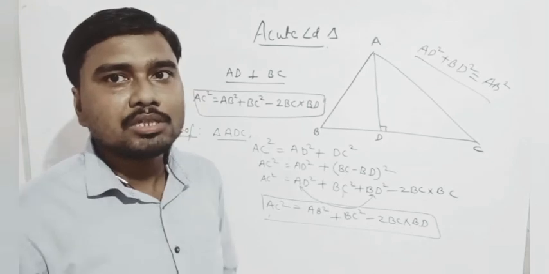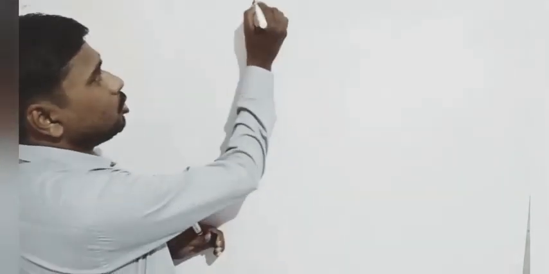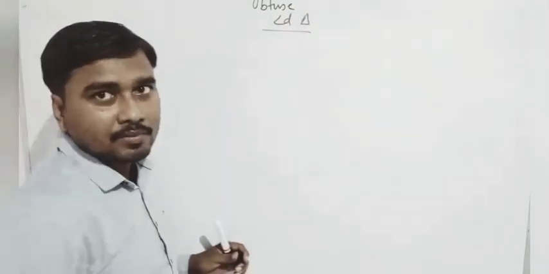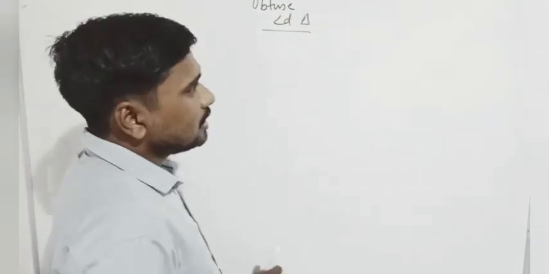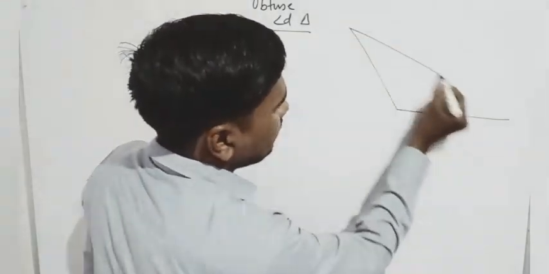Now we will see the concept of obtuse angle triangle. Clear? Okay. Now students, I am drawing an obtuse angle triangle. This is the figure of the obtuse angle triangle.